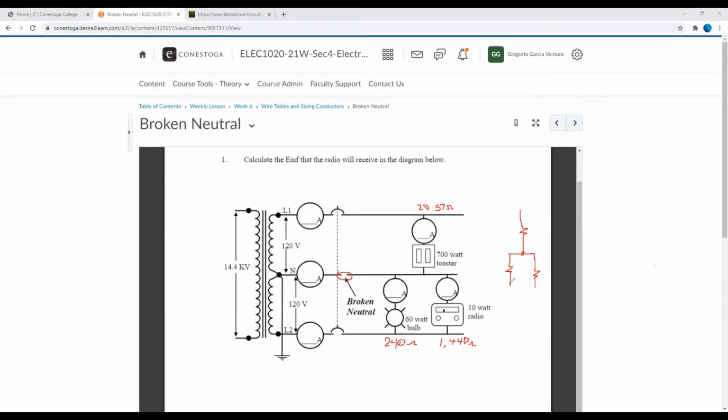In order to determine the voltage drop on each individual component, first we have to solve for these two parallel resistors.